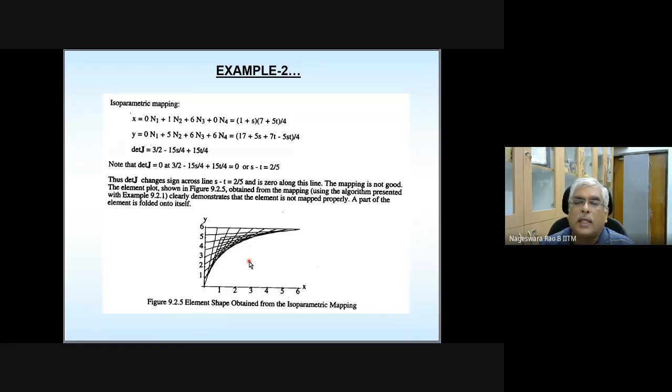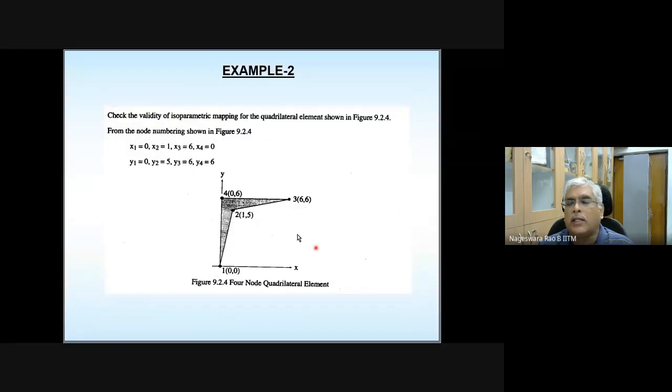If this is happening for a few elements, the software is going to give you a warning saying that some particular element is not actually good. Okay, it's not a valid element. So this is one particular element where you are going to have a problem with the mapping.